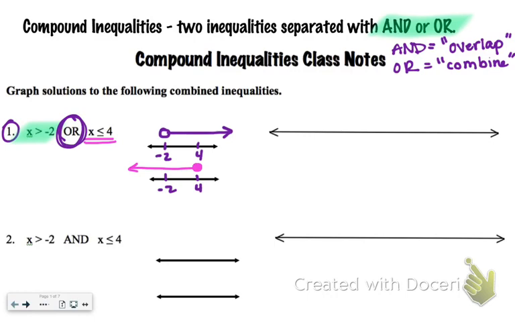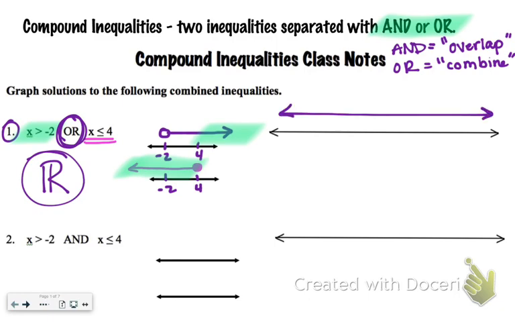If we start at the furthest to the left, there's an arrow there, and then we trace along. When it stops at that 4, it picks back up on the top and goes forever. So all the numbers are solutions. That is going to be all real numbers, and graphically we represent that as just a line with an arrow on both sides, so that any number will satisfy those inequalities.